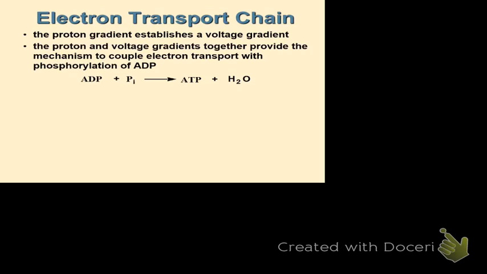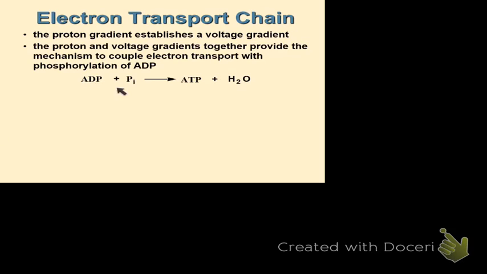And so it's this difference in the concentrations that's going to force ATP to be made. And there are a few books that call it ATP synthetase, but technically it's not a synthetase, it's a synthase.